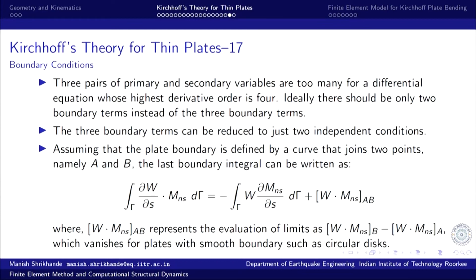So, this is the problem or realization that these three boundary conditions that we have from the weak form, they are not really three independent boundary conditions, but they are related to each other and they can be reduced to two independent boundary conditions, and this is called Kirchhoff free edge condition, and that resolves this dichotomy.